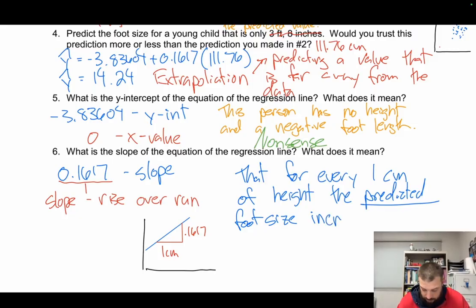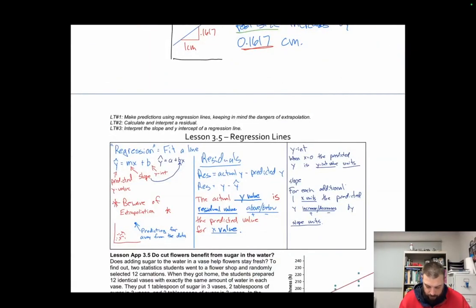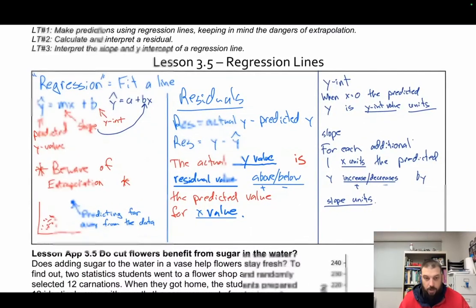Foot size increases by 0.1617 centimeters. So that's what it means. It's also our interpretation of that, and that's kind of your sentence frame there. The important things are this idea of 1 centimeter, predicted, and then your distance there. And then don't forget about the context of what your x and y are in that case. All right, so let's formalize that for you. I'll give you a chance here to copy all of this down.